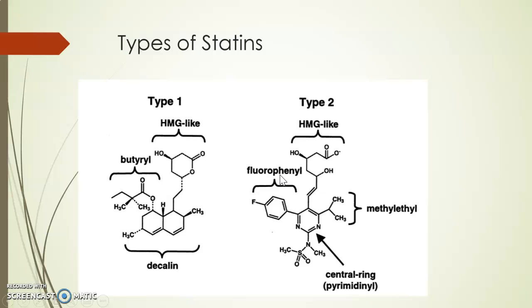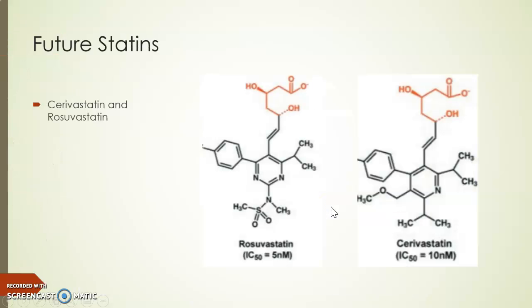And so when looking to make new types of statins, most people go right to the type 2 statins. And so we can see here in the kinds of statins that were made after atorvastatin was made, we have rosuvastatin, which brand name Crestor, and we have cerivastatin. So cerivastatin actually didn't do so well.